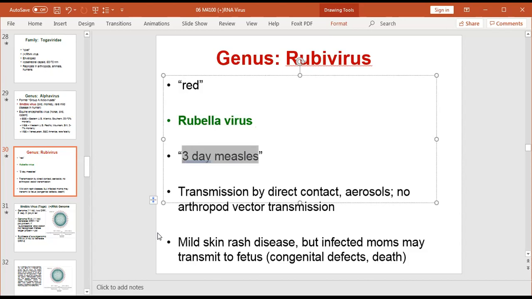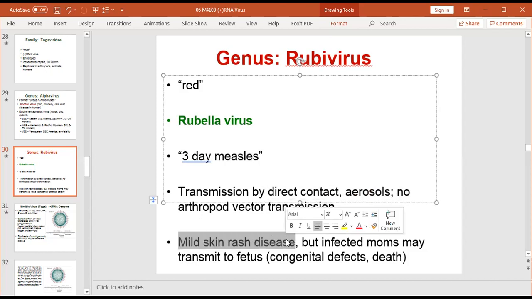Transmission of the rubella virus, the causative agent of 3-day measles, is by direct contact via aerosols. However, no arthropod vector plays a role in the transmission of the virus. Rubella virus, or the disease measles, is characterized by mild skin rashes.